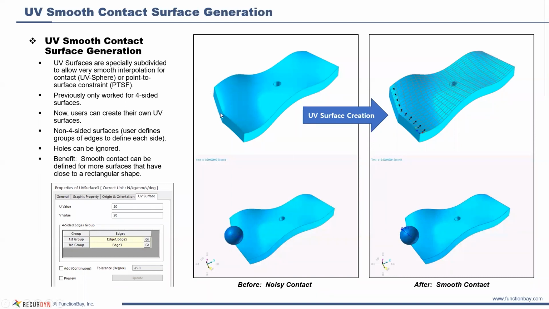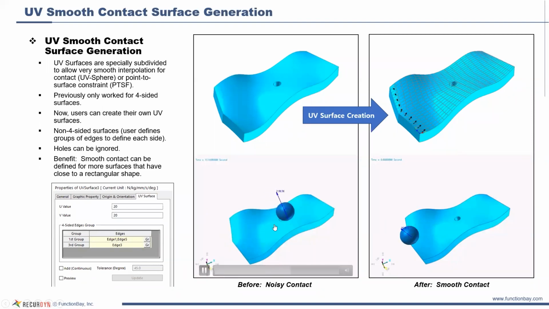In this example, there's an extra side here, and this utility will allow you to specify a set of edges to represent one side of the UV surface. And then you can also ignore holes within the surface. And once you create that surface, that will allow you to get smoother results.